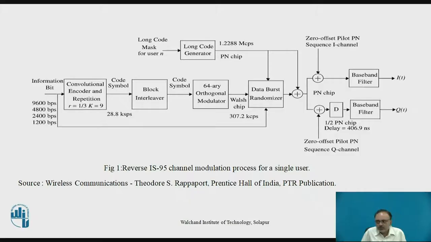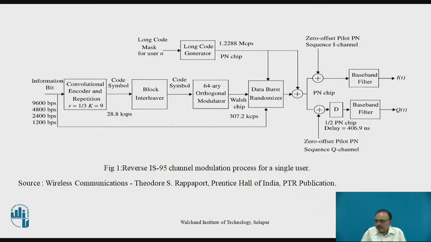This convolutional encoder provides the code symbols which are block interleaved and modulated with the 64-ary orthogonal modulator with the speed of 28.8 kbps.